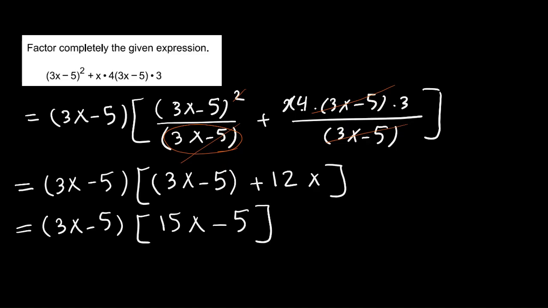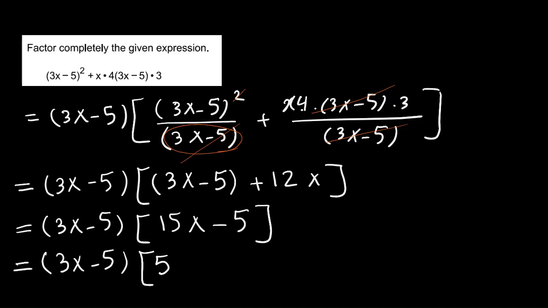Is there any common factor between 15x and negative 5? Yes. 15 is 3 times 5. So here I have 3 times 5 times x, and here I have 5. 5 is the common factor. So let's factor out 5. So I have 3x minus 5. In the square bracket, I'm going to factor 5.